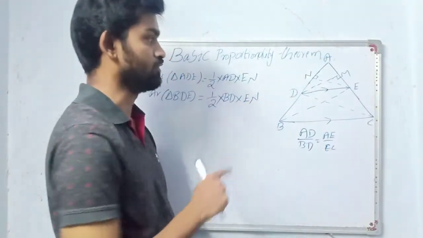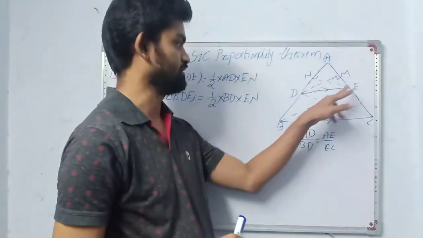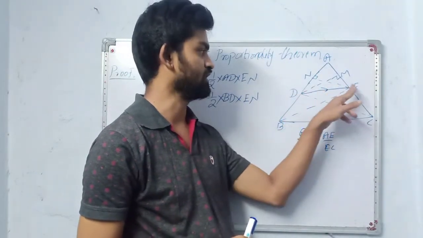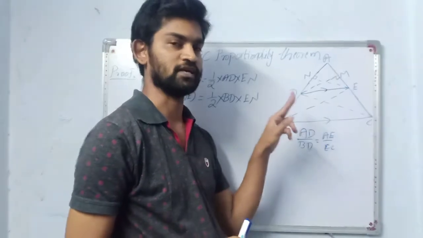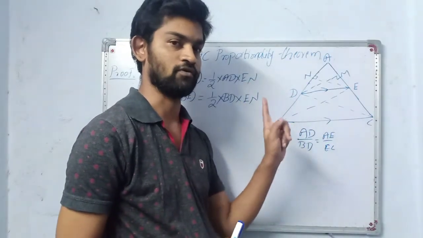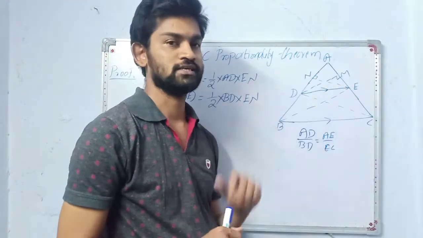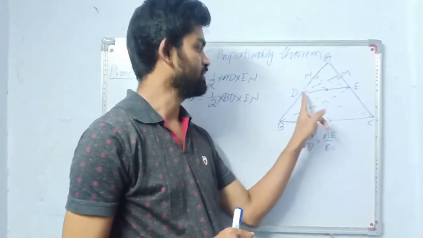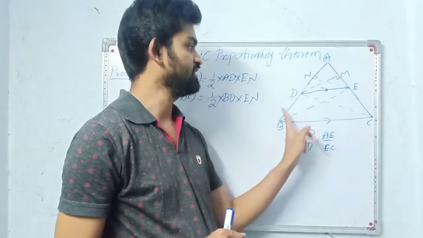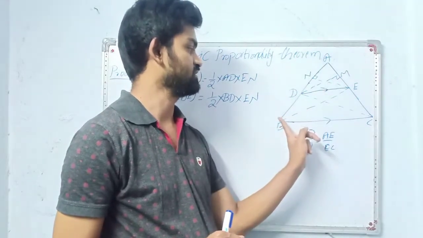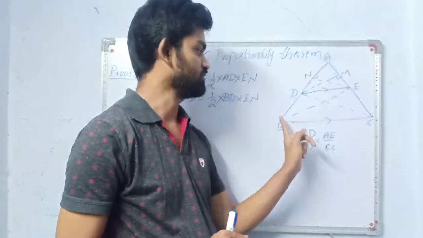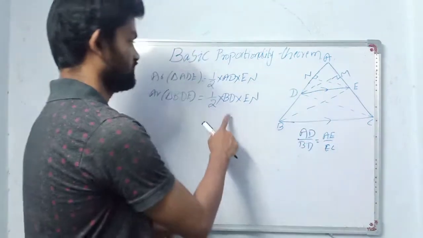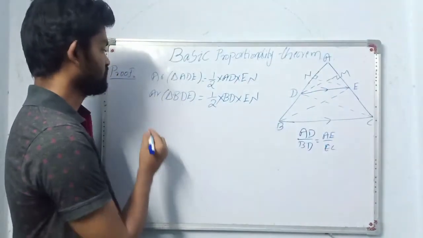So the height may fall outside. The triangle is here, BDE, and the height is outside. See, this is an obtuse angle triangle. In an obtuse angle triangle, one of the heights falls outside the triangle. So in triangle BDE, the base is BD, it's an extension. See, BD is extended till A. So BD is base and its height is EN. So I have written. Right?